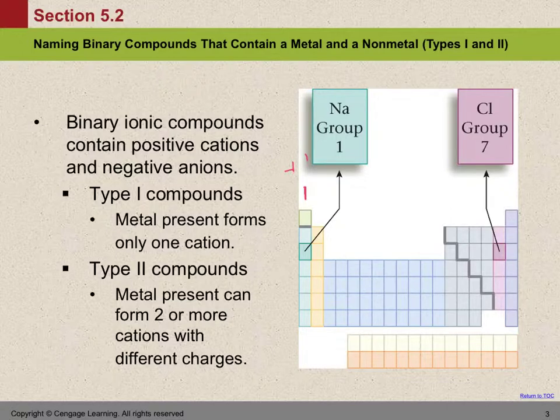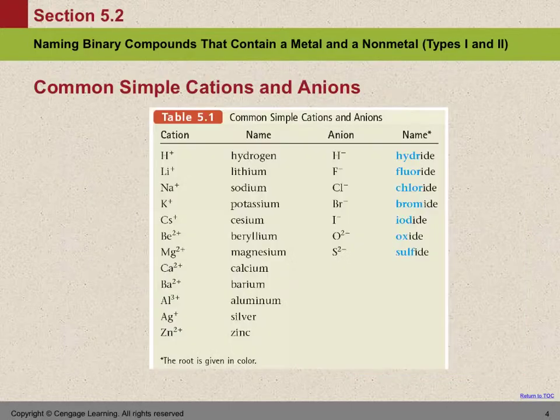Group 2 here is always going to have a +2. So in those elements, you're always going to see sodium, Na, as a +1, or magnesium as a +2. Then we have our type 2 compounds, which are metals that can be found with more than one charge. And we'll get to those in a bit.